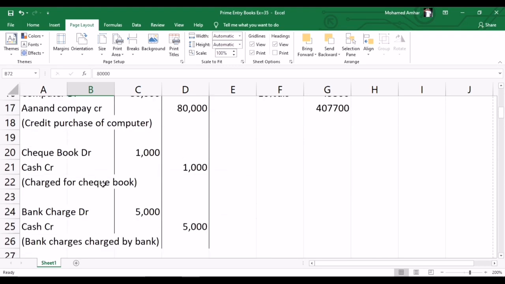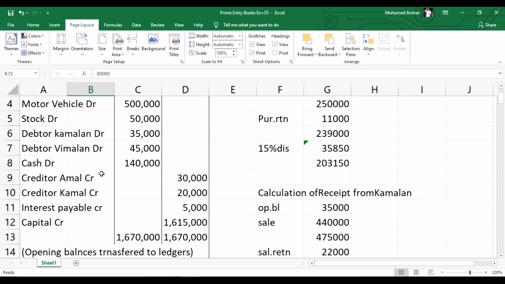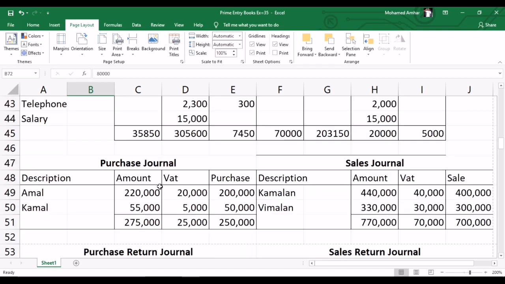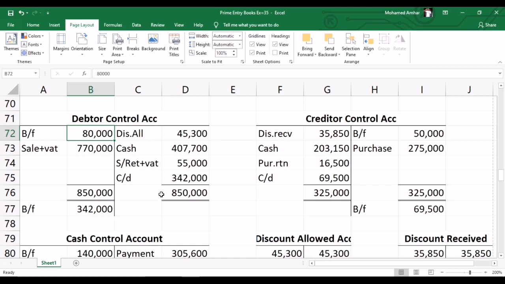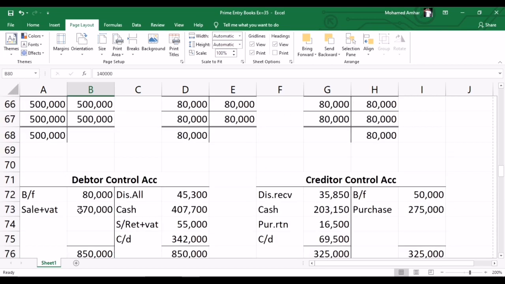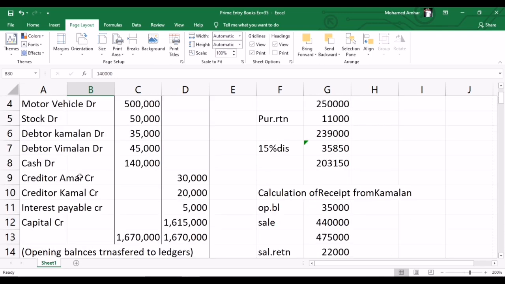And then cash balance 140,000. So transfer this to cash control account. Cash control account 140,000. And then creditors total balance is 30 and 20, 50,000.